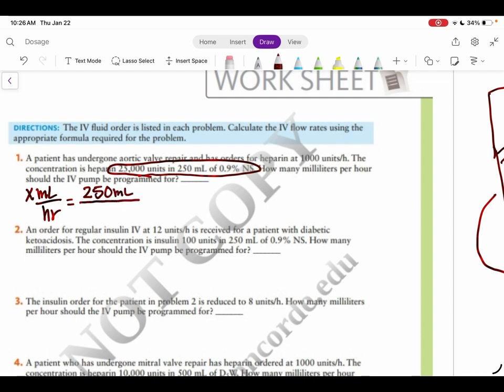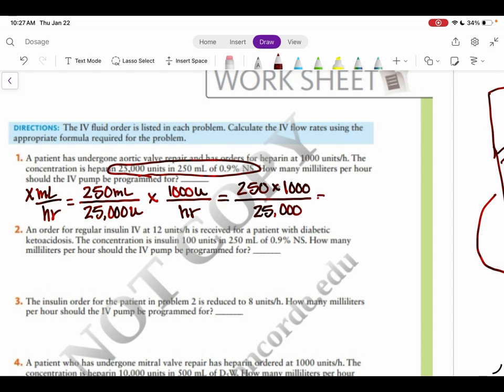We know that it's equal to 25,000 units, and we have an order that says 1,000 units that has to go in over an hour. So I like to go across: 250 times 1,000, and then I'm gonna divide the whole thing by 25,000. Okay, so let's see what that turns out to be.